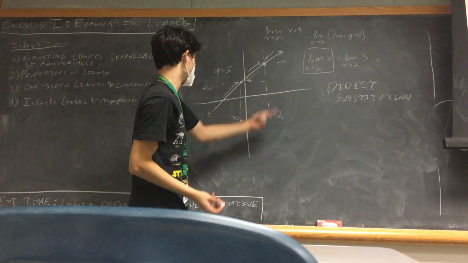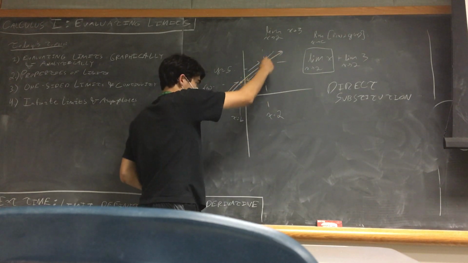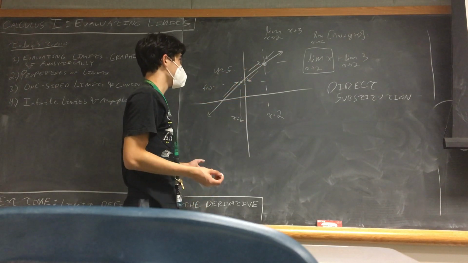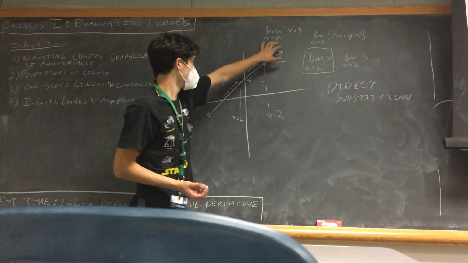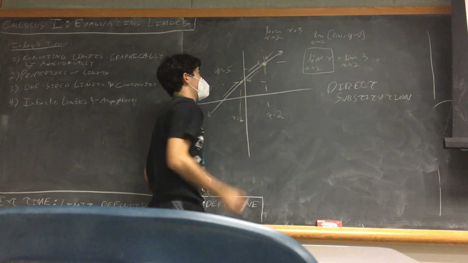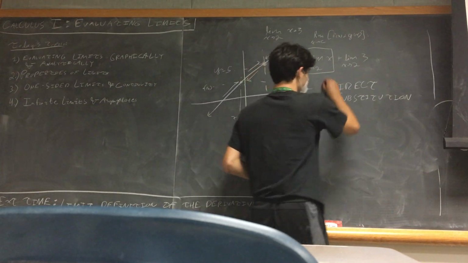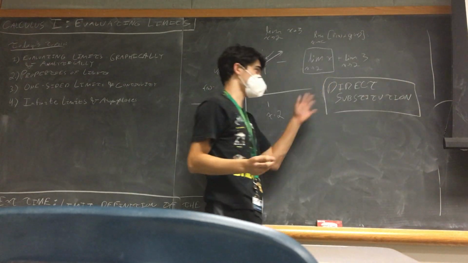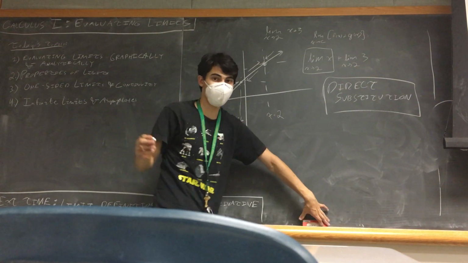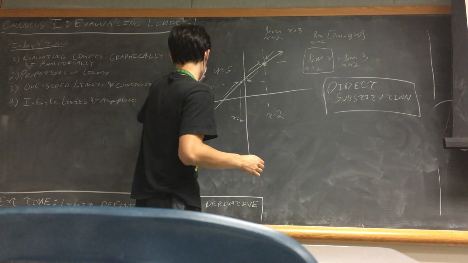Here at x equals 2, the limit from the left and the limit from the right both approach y equals 5. So for this, we could directly substitute the 2 into here and get 2 plus 3 is equal to 5. The problem with direct substitution is there are cases in which direct substitution doesn't work, and that's where we need to try out a couple of analytic methods to solve for those limits.